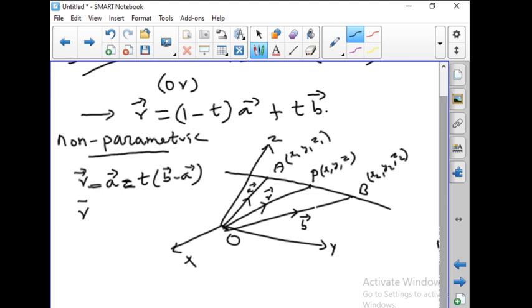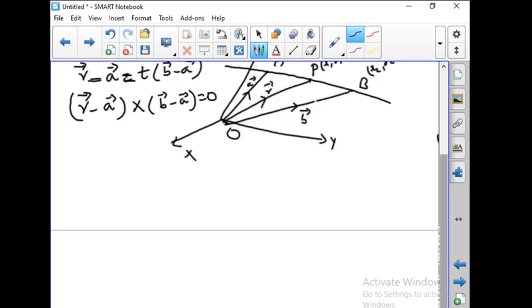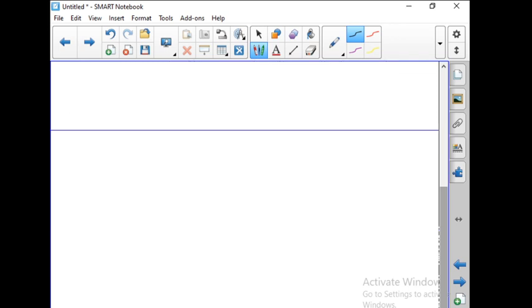When they are parallel, the cross product is equal to 0. So r vector minus a vector cross b vector minus a vector is equal to 0. So this is the non-parametric form. The non-parametric form equation is written without parameters. Then we'll go to the Cartesian form.